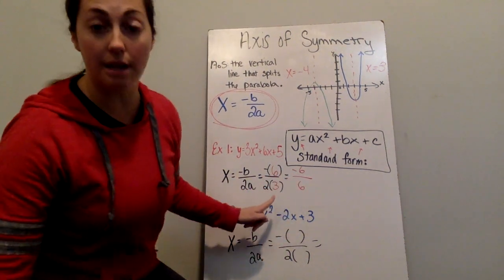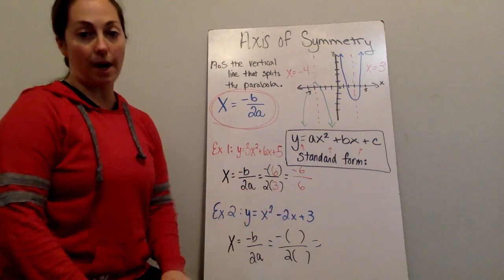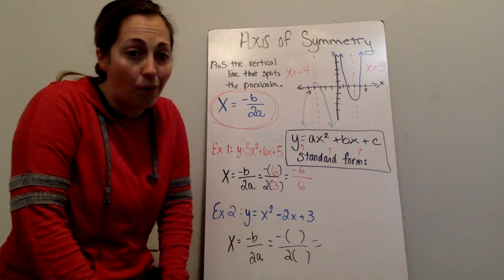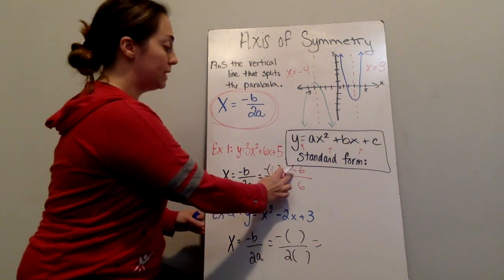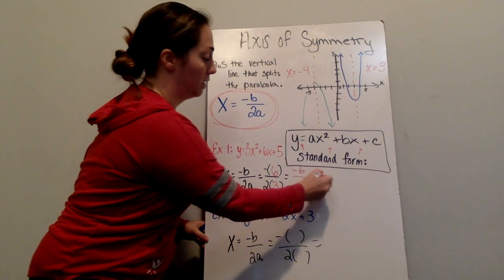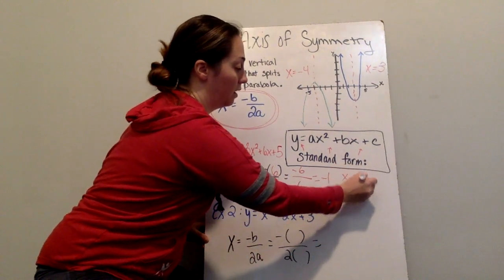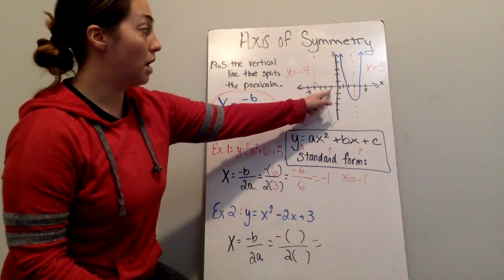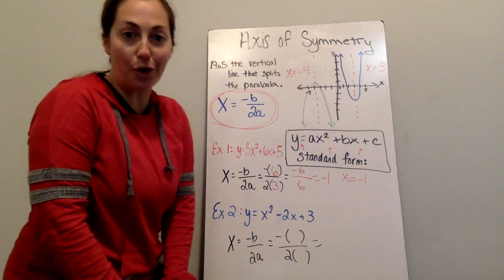Notice I'm doing the denominator first. I'm multiplying 2 times whatever that a value is first. Then we'll divide. You won't really need a calculator with this, so you can probably do all these numbers in your head or use your phone calculator. All right, so -6 divided by 6 gives you that -1. So my axis of symmetry is x equals -1. So my parabola goes around that part, okay?